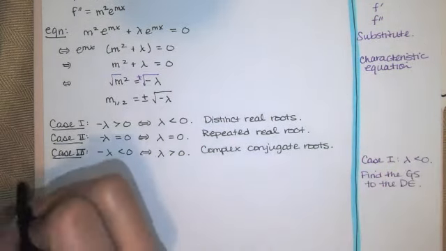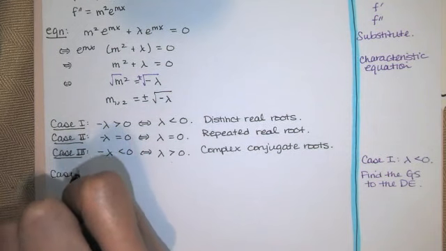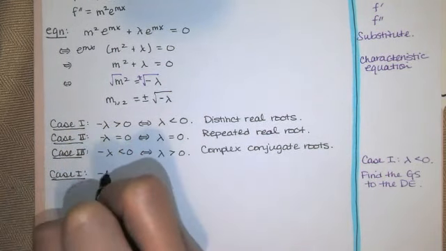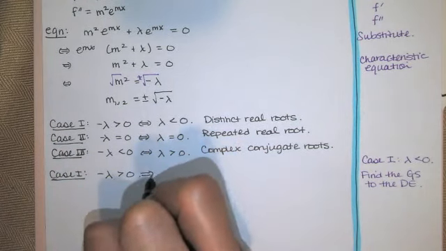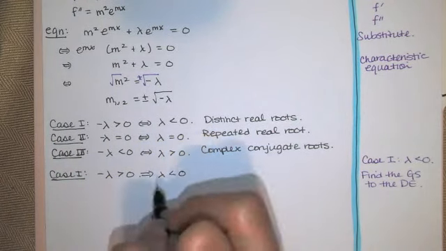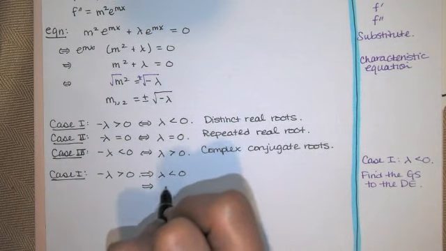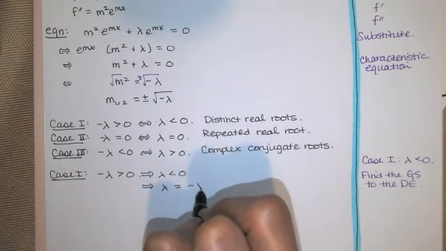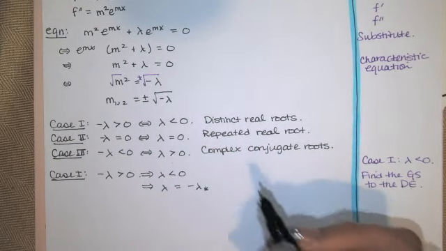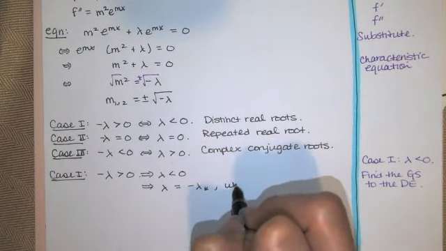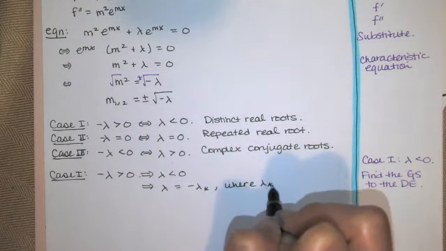First, we'll find the general solution to the differential equation in case 1, where negative lambda is positive, which implies that lambda is negative, which implies that lambda is equal to negative 1 times some positive value, which I'll call lambda sub star, where lambda sub star is positive.